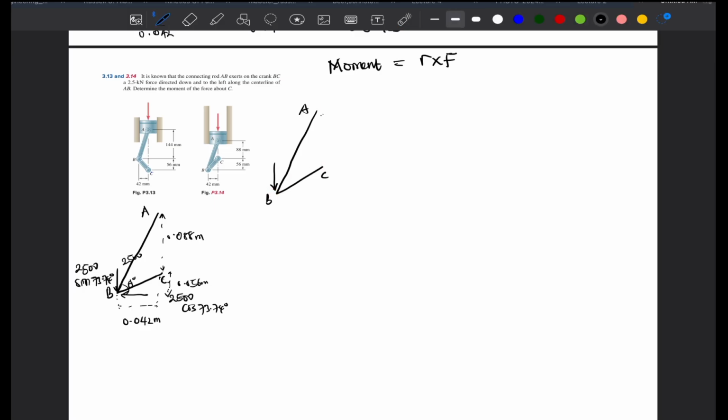So we can expect our body to move in this way with the application of force. So you can see that our body will tend to move in an anti-clockwise direction. So our symbol for this is going to be positive.